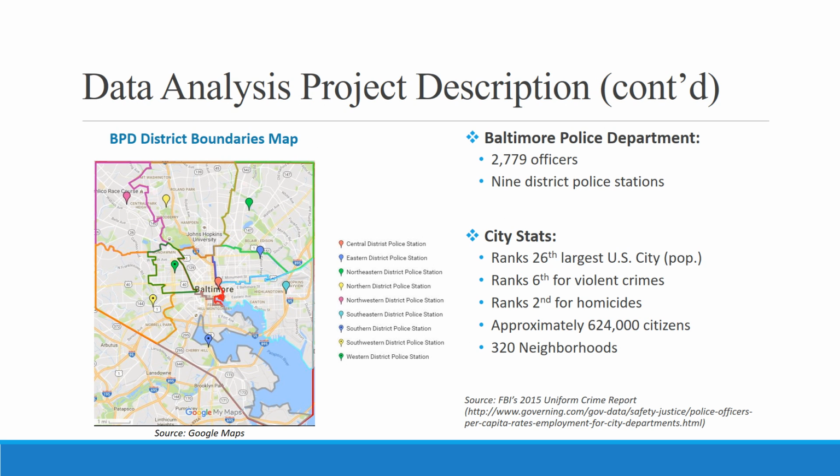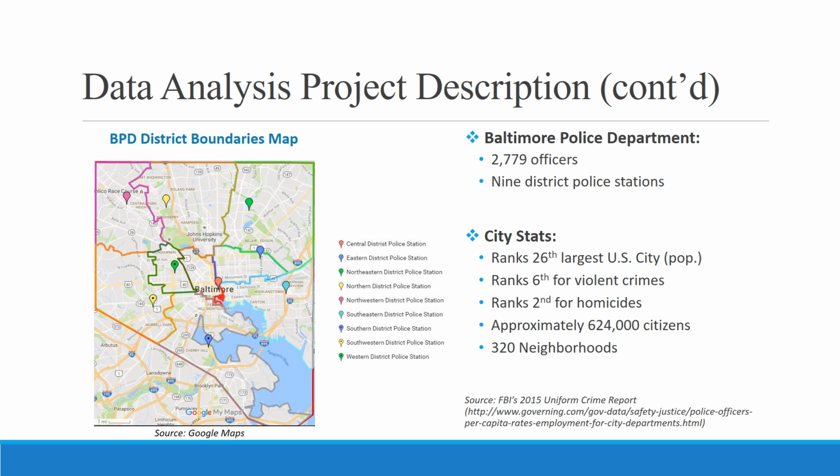In order to better understand this project and its goals, it's necessary to have some basic understanding of the city and its police department. The Baltimore Police Department has approximately 2,779 officers, which are assigned to 9 district police stations.